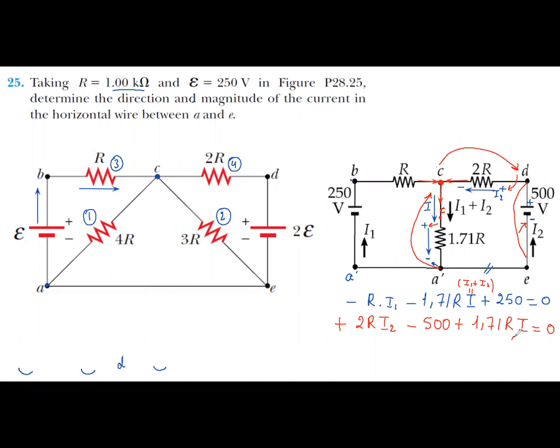And here also I equals I1 plus I2. So we can say I1 plus I2 minus I equals 0. So this is the third equation.